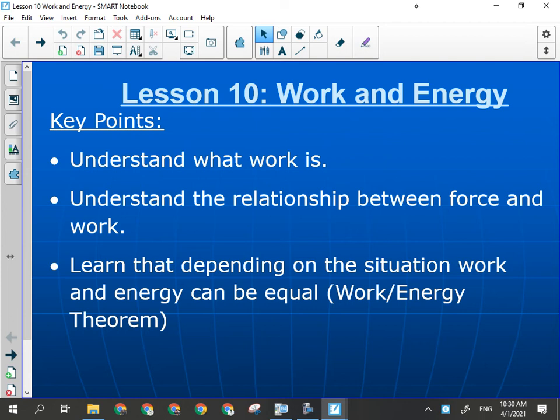Okay? So, what is work? Work is a change in mechanical energy. Okay? That is the definition of work. Right? A change in mechanical energy.